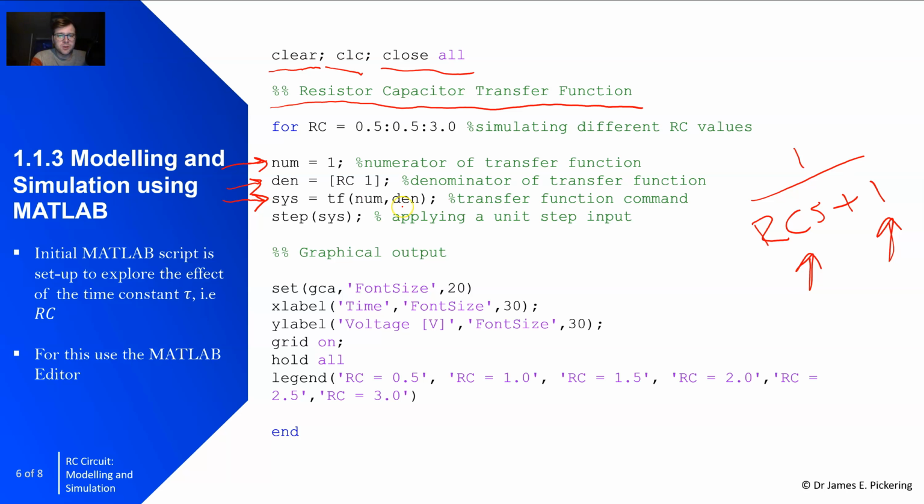Then the transfer function command. Like I said, you could put these in straight away, but I've decided to do it line by line, because MATLAB reads top to bottom. It reads this value first, then this value, and then populates the system for me, and that'll appear in the workspace. If you look in the workspace once you run this, you'll see system, and you'll see your transfer function.